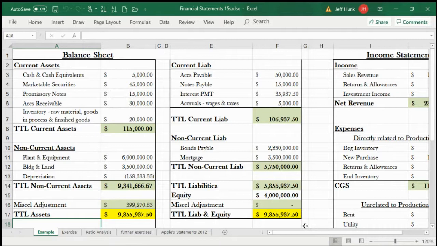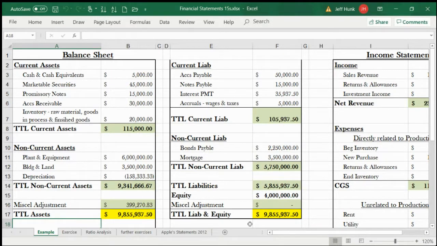liabilities and equity are basically the source of the funds or the source of the capital, right? They raise this $9.855 million through equity and debt, right? And then all of that capital raised is used to purchase all of this.